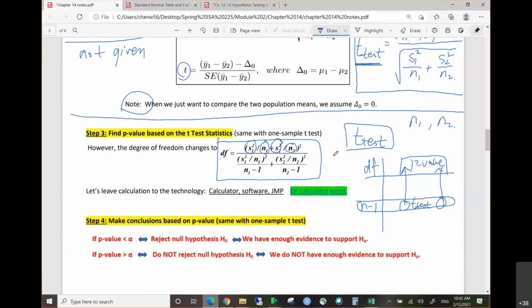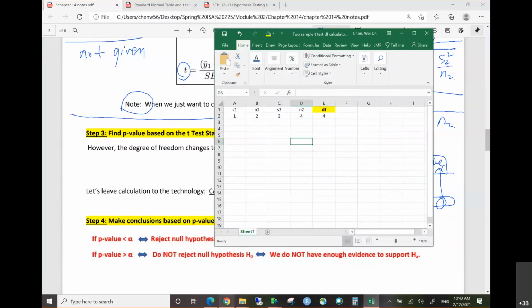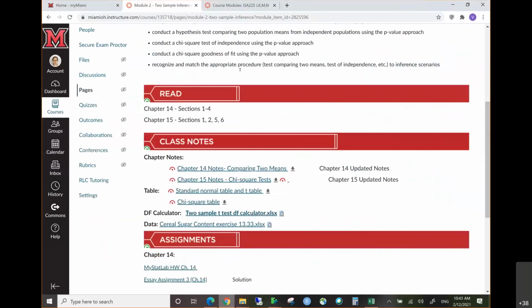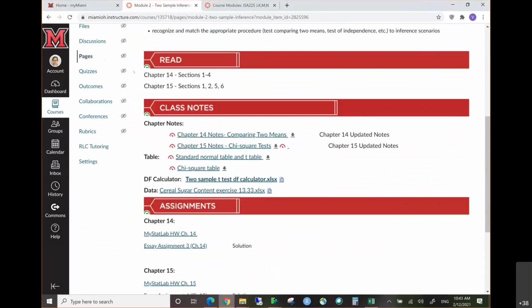Don't be afraid of this big formula. I will not ask you to waste a lot of your time to calculate this. Anyone can do this job, not statistics. You can either use a calculator, JMP, or software, but in our course, if you check your module 2 page, under the class notes, there is one called the degree freedom calculator.